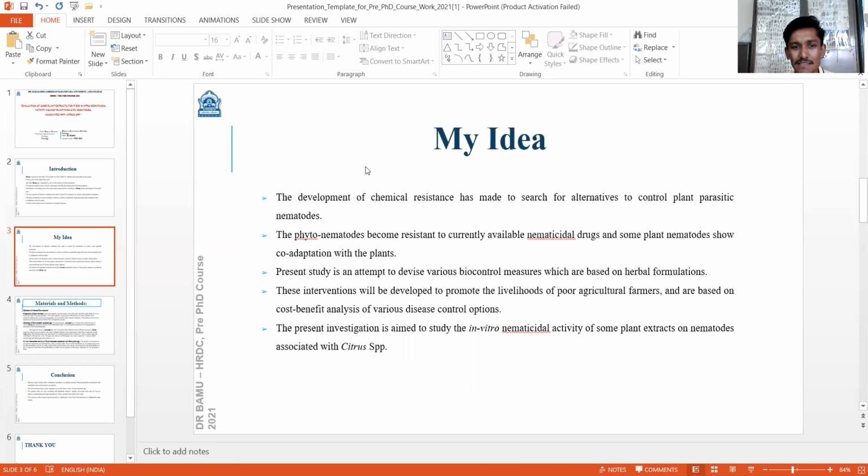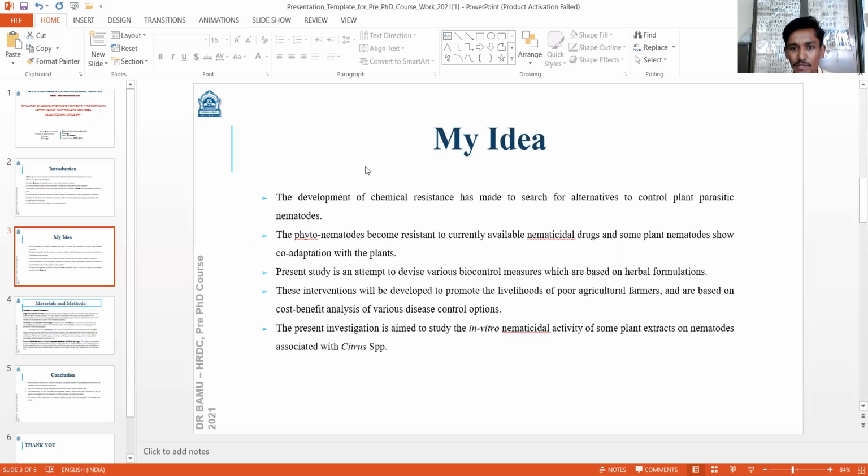The present study is an attempt to devise various biocontrol measures based on herbal formulation, which are related to the natural way. This intervention will be developed to promote the livelihood of poor agricultural farmers and is based on a cost benefit analysis of various disease control options.